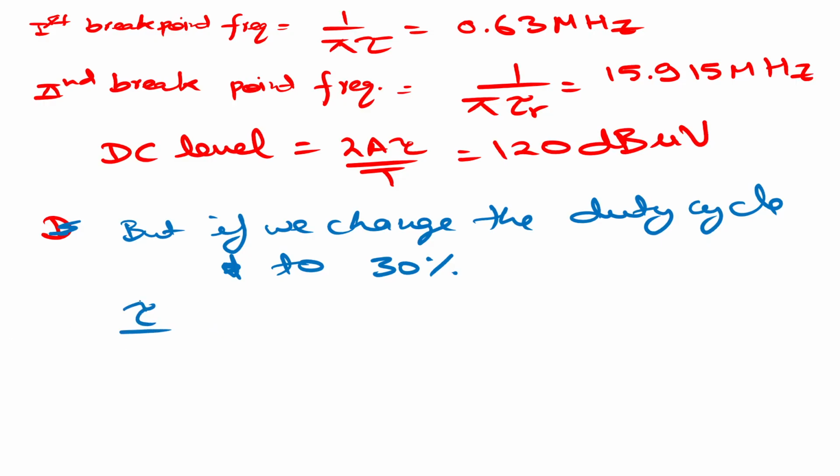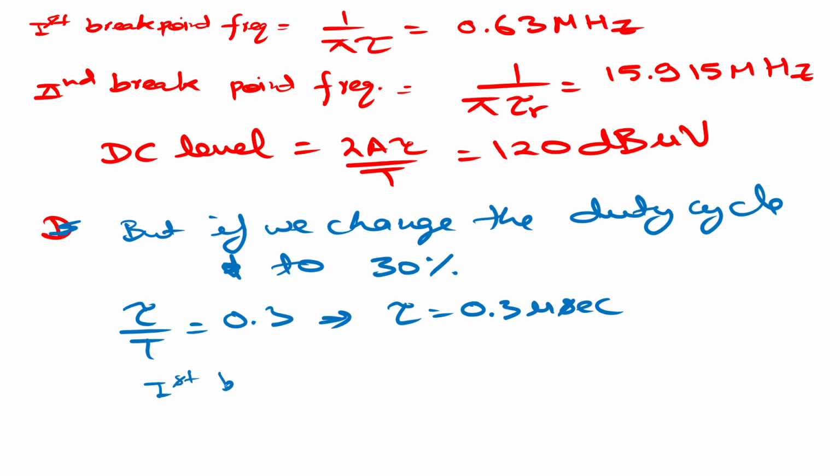One thing is that the pulse width will change, because now tau will become 0.3 microseconds.